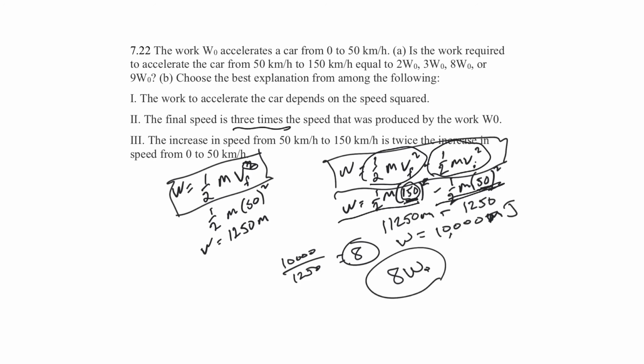Since this is based upon the change in kinetic energy, it's a kinetic energy 9 times bigger, and the change requires a subtraction. That's why you have 8 times. So I would say the answer is 2: the final speed is 3 times the speed that was produced by the work W sub naught. Tough question, I think.